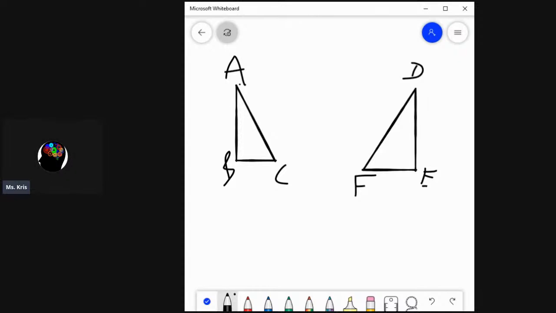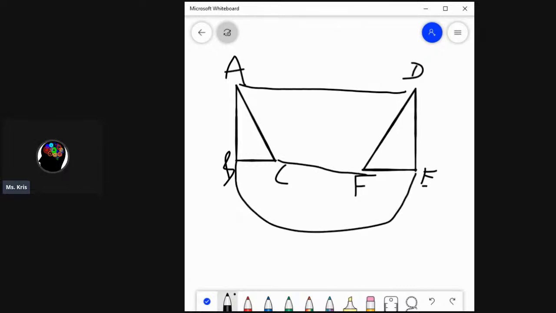So A would be to A, C would be to D, and B would be to E in order to prove the reflection.